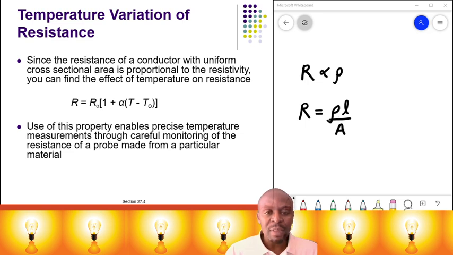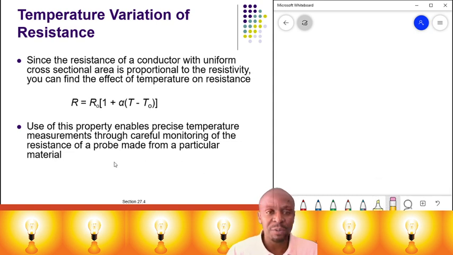That's what you are going to have, because R and resistivity are directly proportional to each other. We use this property to enable precise temperature measurement through careful monitoring of the resistance of a probe made from a particular material by just using this equation.